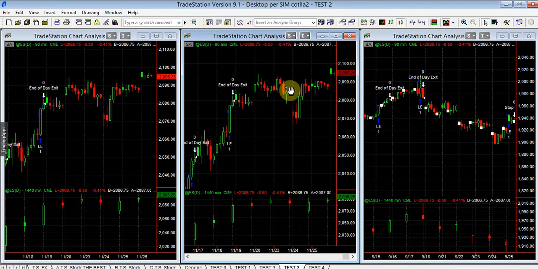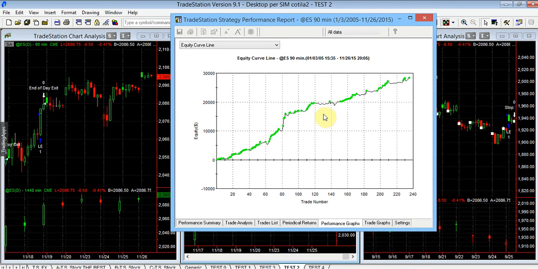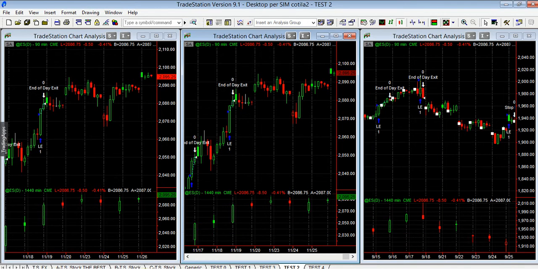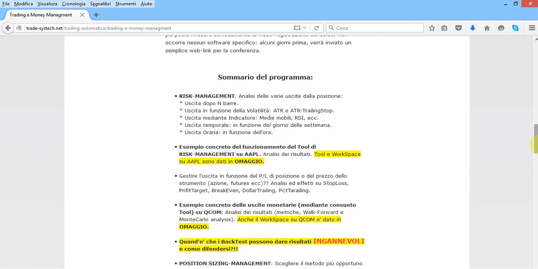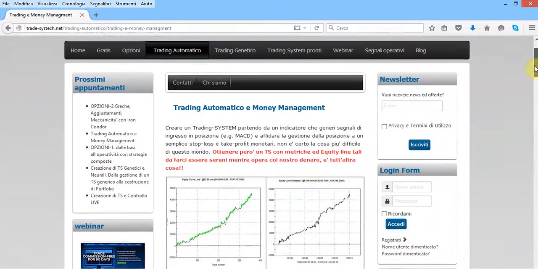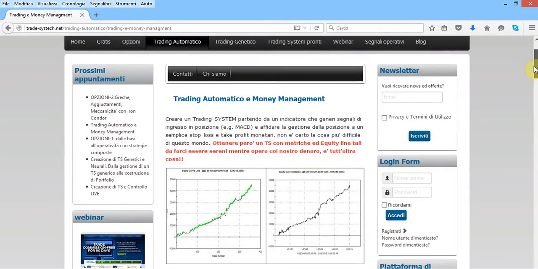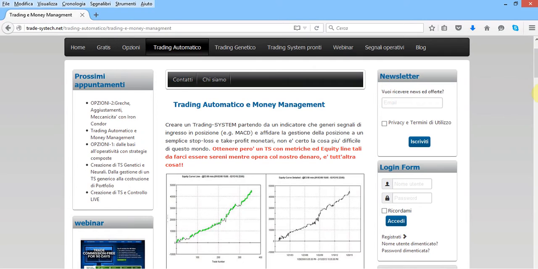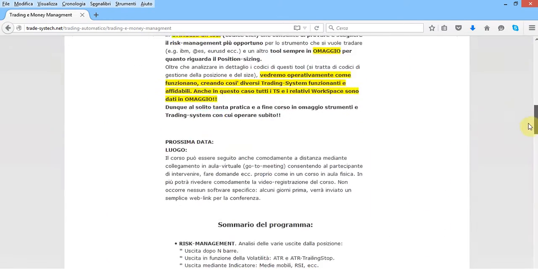So if I have a very good trading system with only one contract, then I can think to apply a good position sizing method, which is something that we explain in our course of trading automatic and money management.